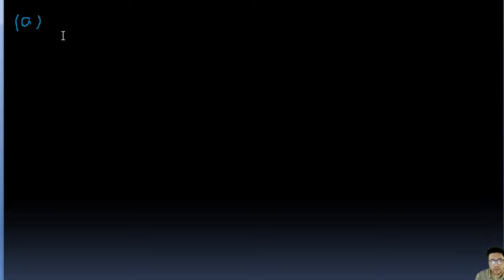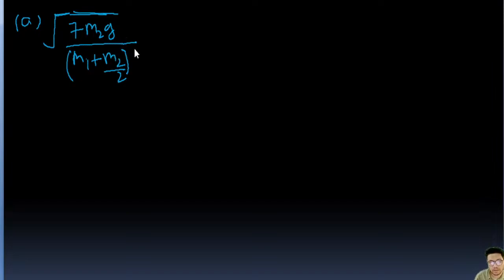Options are: number A, root of 7m2g upon m1 plus m2, m1 plus m2 by 2, r naught.